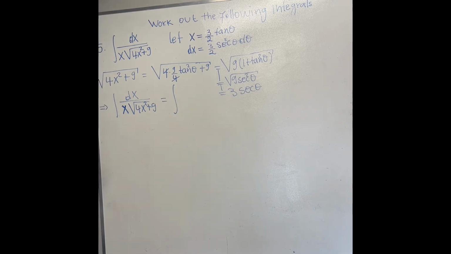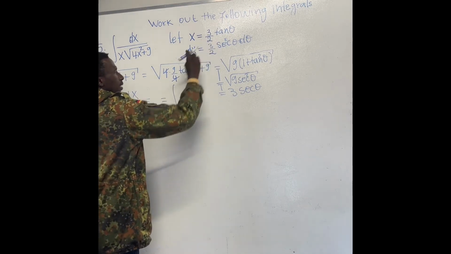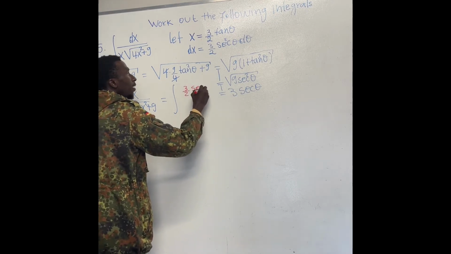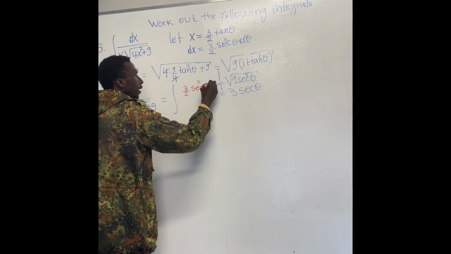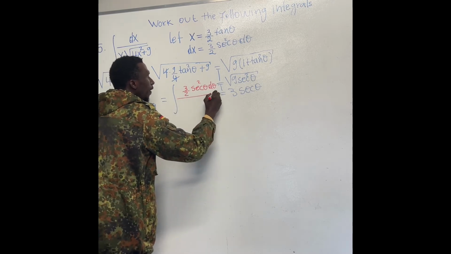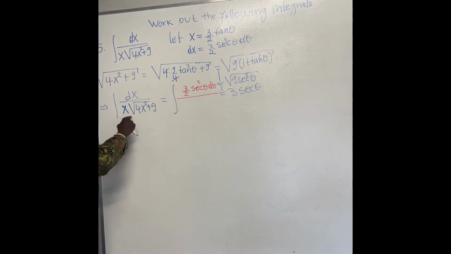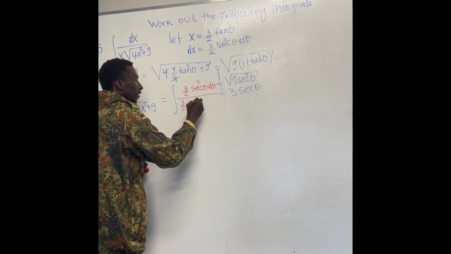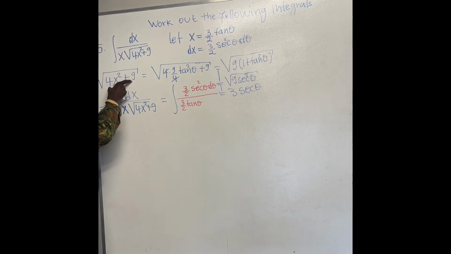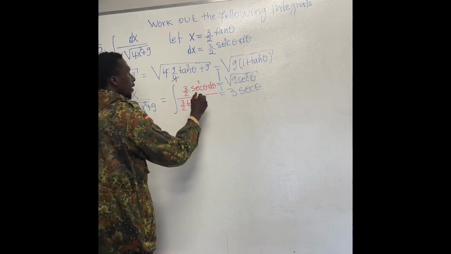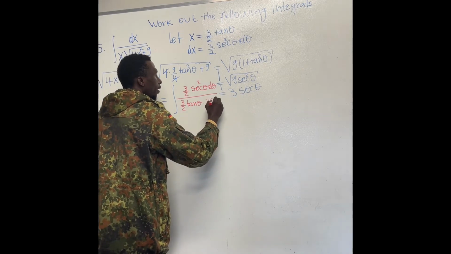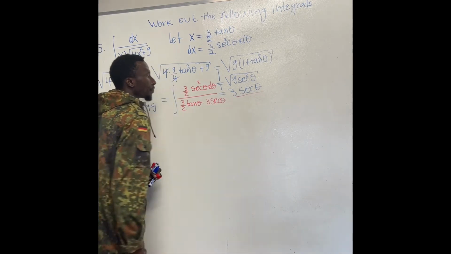We already said dx is this, 3 over 2 sec squared theta d theta. And then we divide by x. What is x? x is 3 over 2 tan theta. And then what is this root? This root we just said is 3 sec theta.